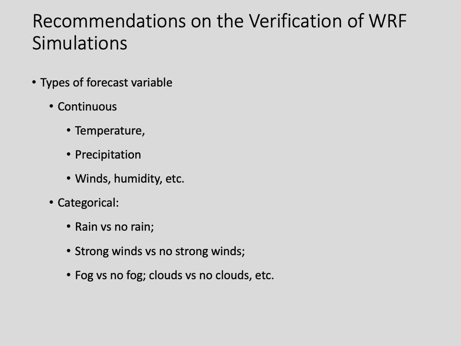Categorical variables usually refer to the occurrence of a specific event. For example, precipitation versus no precipitation, strong winds versus no winds, fogs versus no fogs, etc. These are typical categorical variables. Verification of continuous and categorical variables are different.